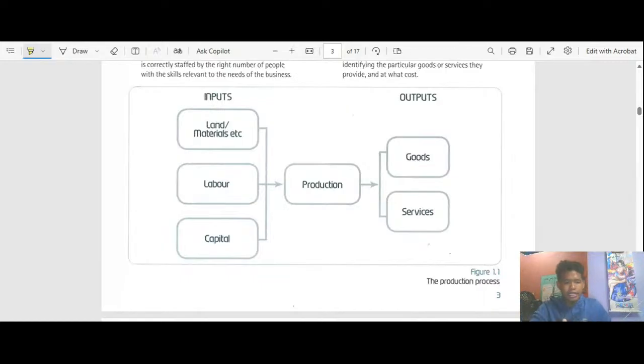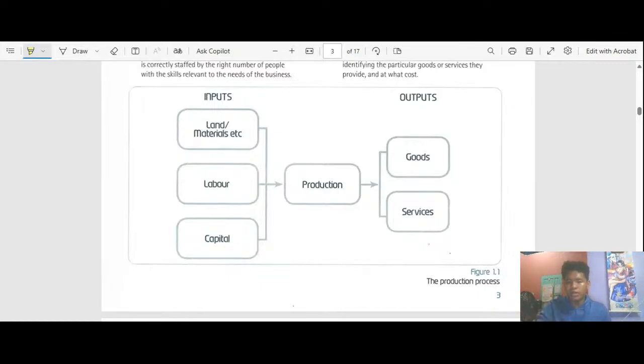We have land, we have labor, and we have capital. If we don't have land, if we don't have labor, and if we don't have capital, the production process cannot take place. All right. And something important to note is that the person that controls land, labor, and capital is the entrepreneur.